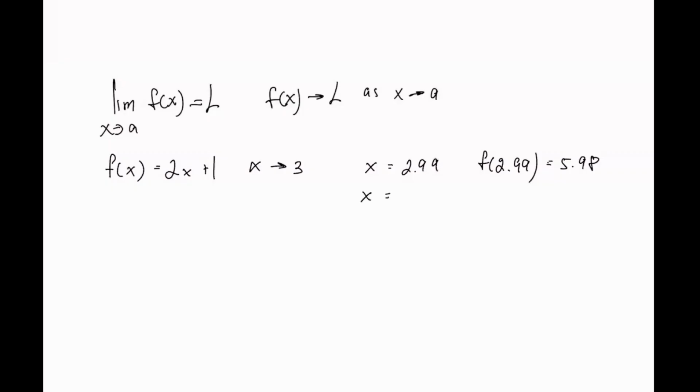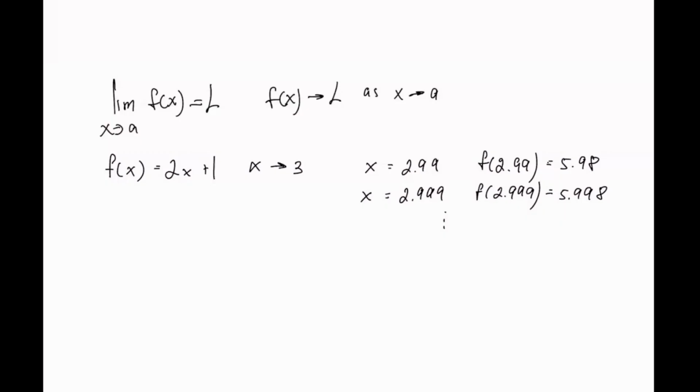When x is equal to 2.999, f of 2.999 is equal to 5.998, and so on. So we can see that as x gets closer to 3, f of x gets closer to 7.